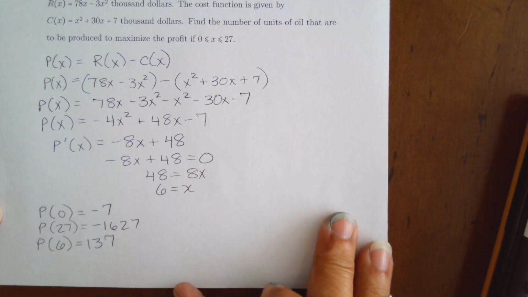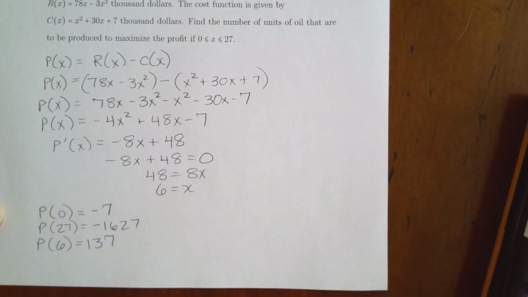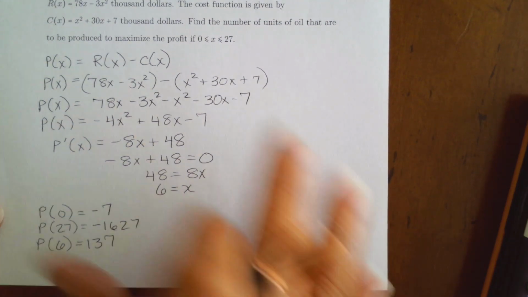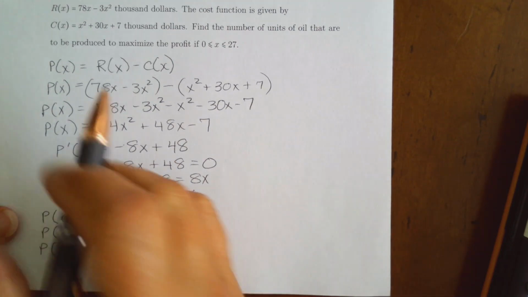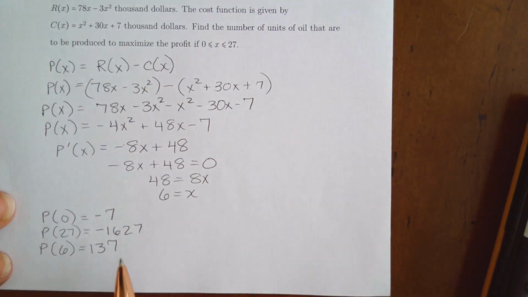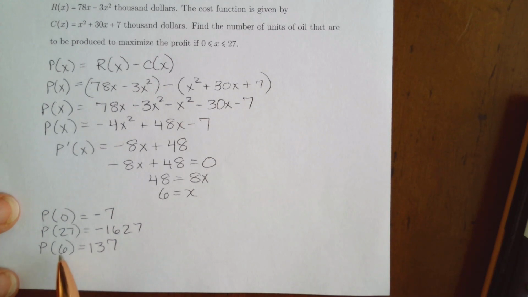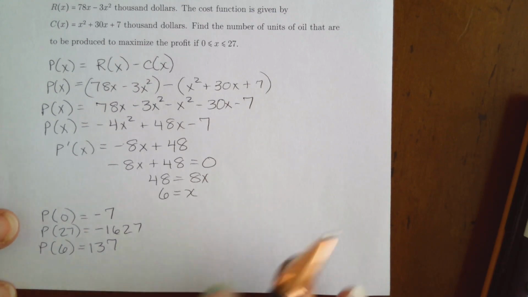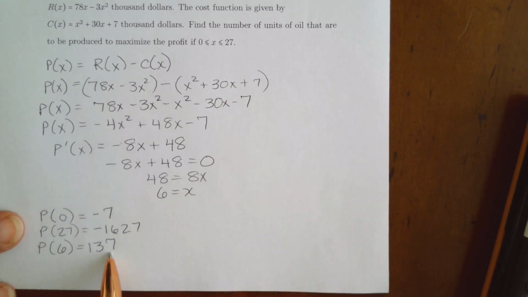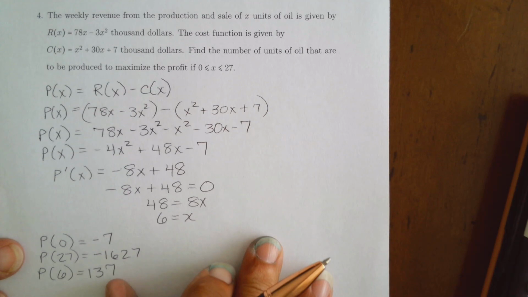Okay? All right. It asked us to find the number of units of oil that are to be produced to maximize the profit. So 6 is the number of units of oil that are going to be produced. The maximum profit is this, okay? But look at what it asked you to find.